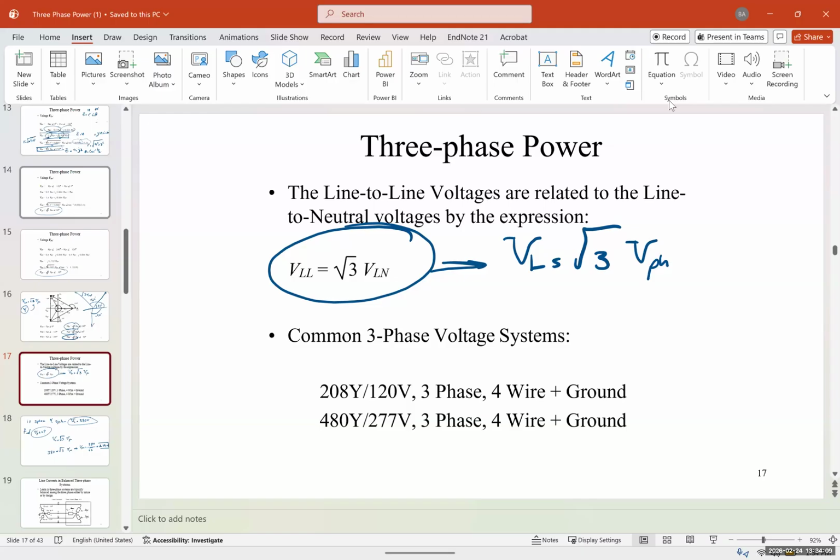If you look on a plug on a three-phase motor, you're going to see these numbers. Can someone think of why we show it this way?